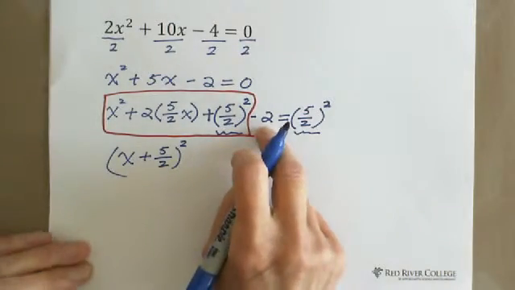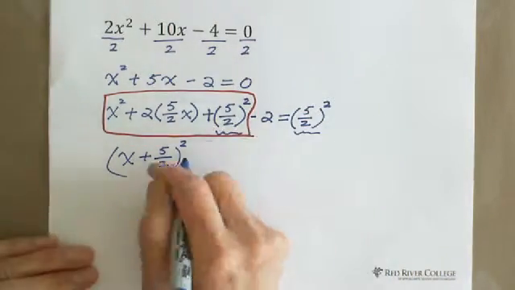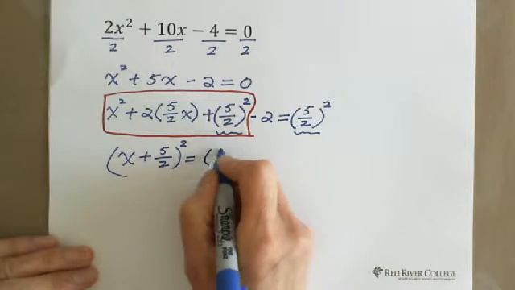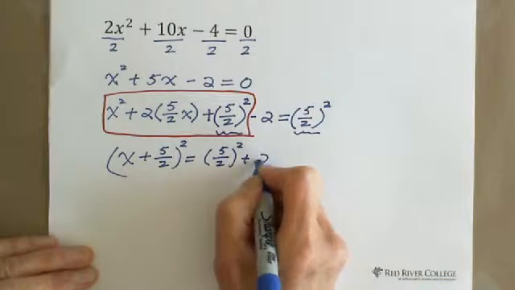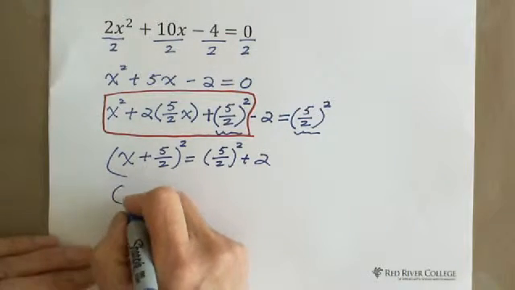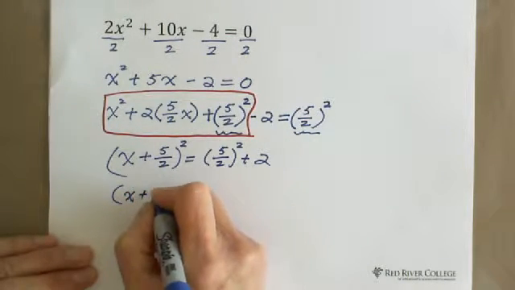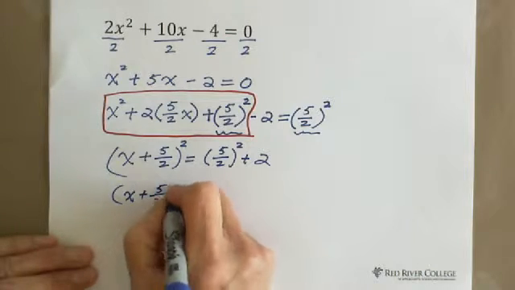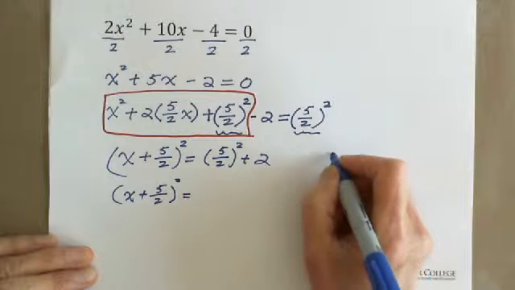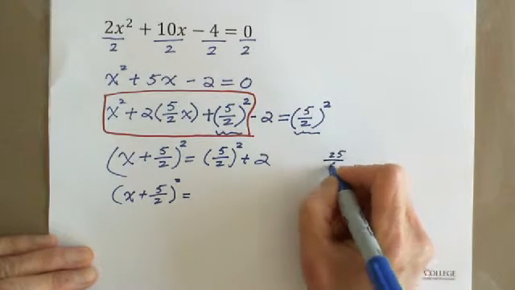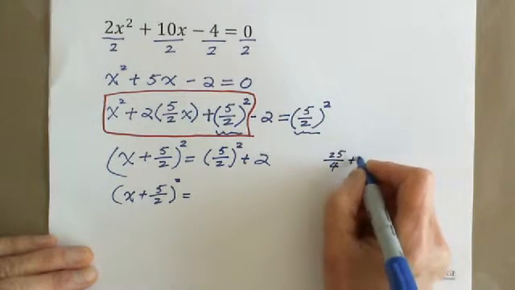And the constant we can move to the other side, so we have (5/2)² plus 2. So x plus 5 over 2 squared equals 25 over 4 plus 2.